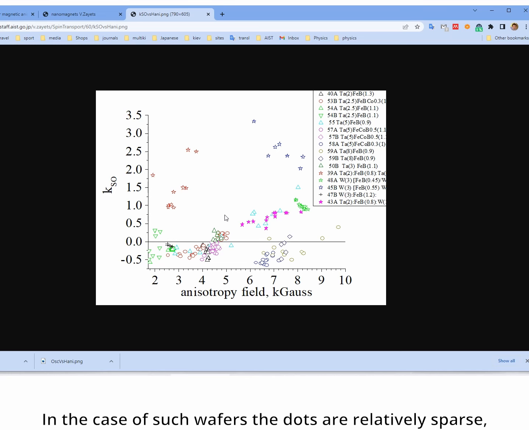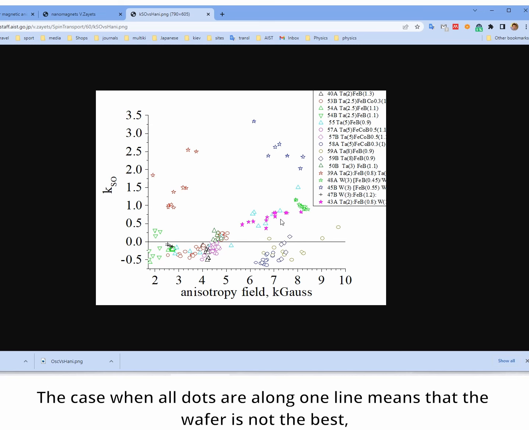In the case of such wafers, the dots are relatively sparse, but all dots are close to one straight line like this. The case when all dots are along one line means the wafer is not the best, but relatively good and acceptable. You can find more details about this dependence in this video, part 5b.